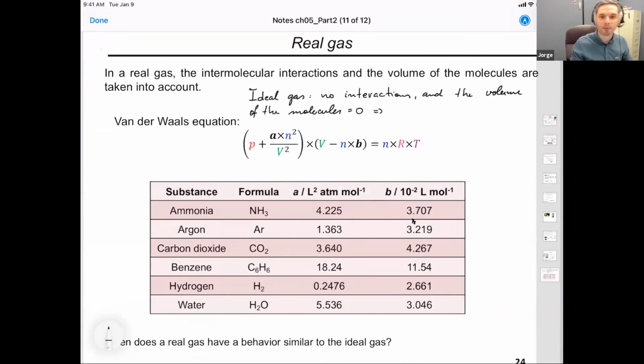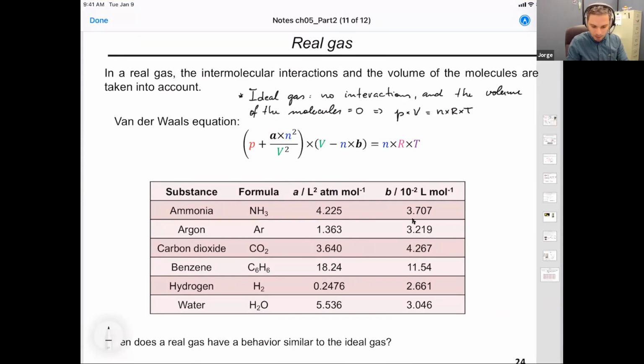And every time that we have an ideal gas, we can use the ideal gas equation, which states that P times V equals N times R times T. Okay, so that's valid for the ideal gas.